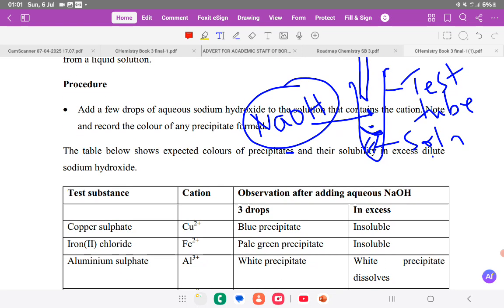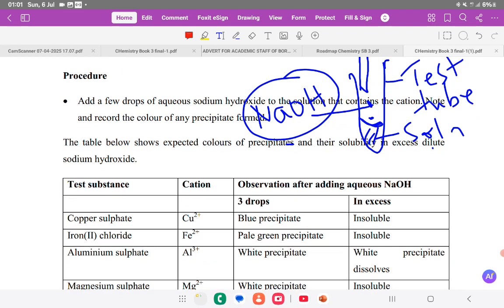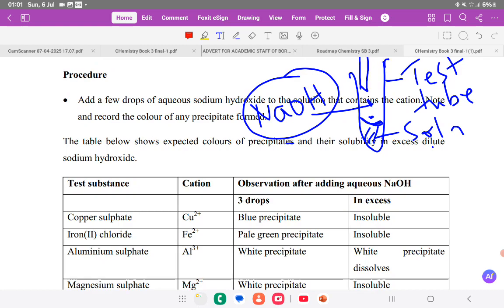like this one here. So this table shows expected colors of precipitates and their solubility in excess of dilute sodium hydroxide.